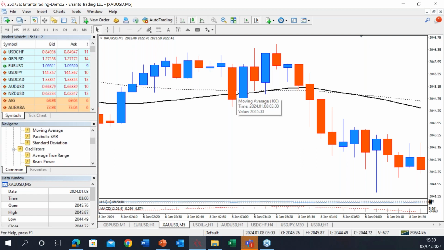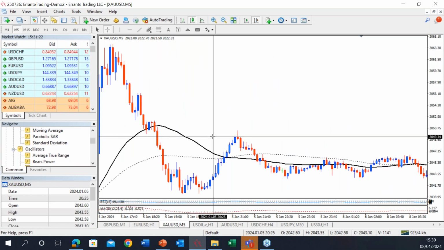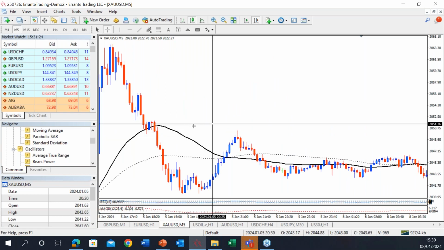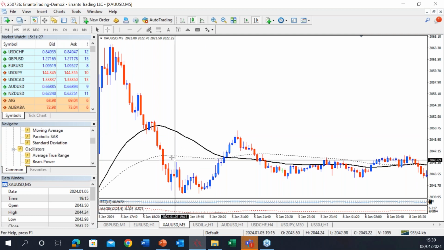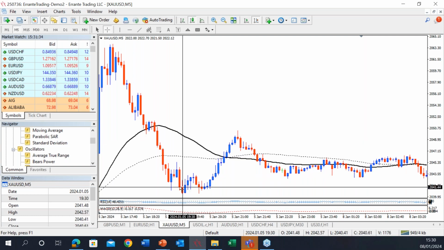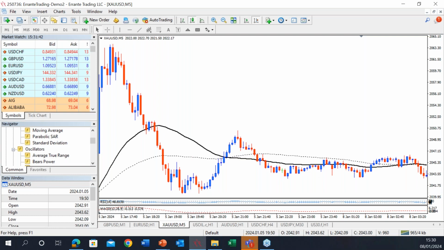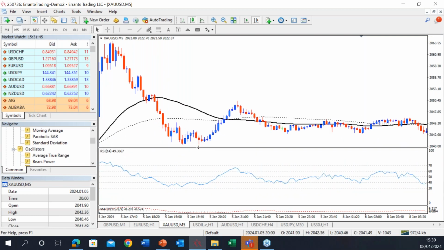This is the key. So we need to analyze the patterns within the broader market context. For example, first of all, we need to look at the price action to see the market tops and market bottoms, and to understand the market sentiment through the candlesticks. Then we need to identify reversal patterns, bullish or bearish reversal patterns. The first thing that we can use is RSI as an indicator.